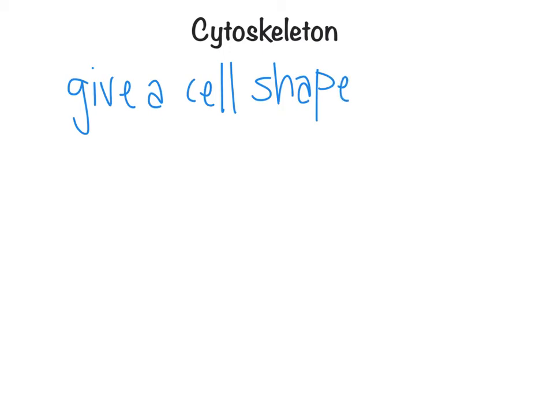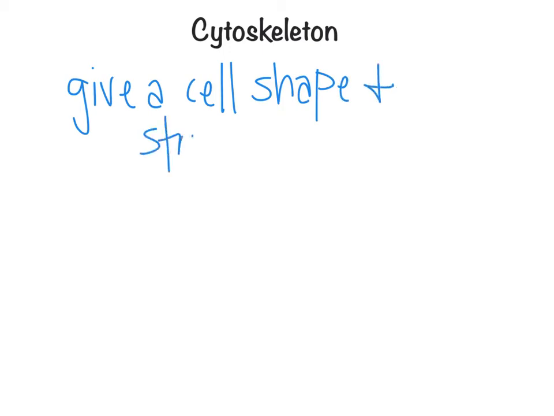The cytoskeleton, a good way to think of this is just like your skeleton, okay? Cyto means cell, and so think of it as like a cell skeleton. So this structure is going to give a cell shape and structure, okay?